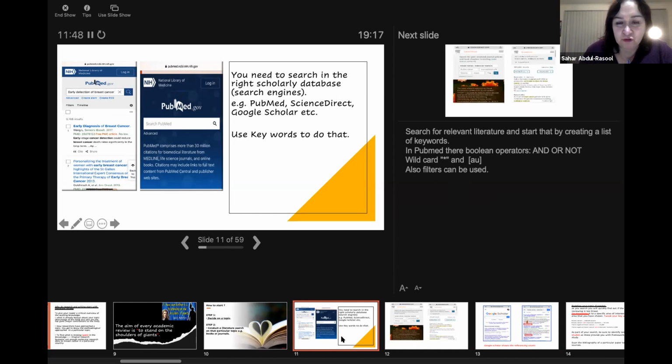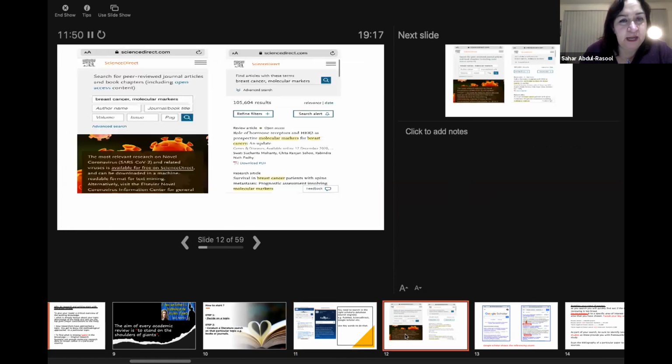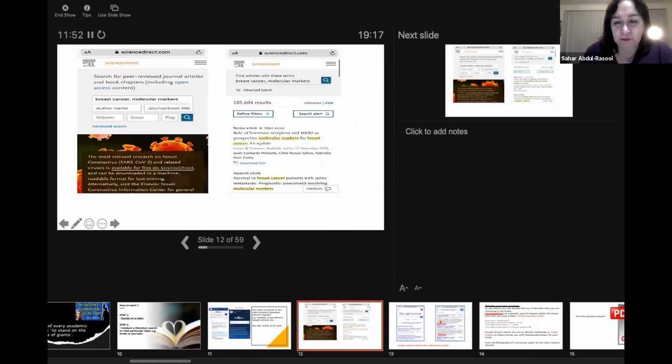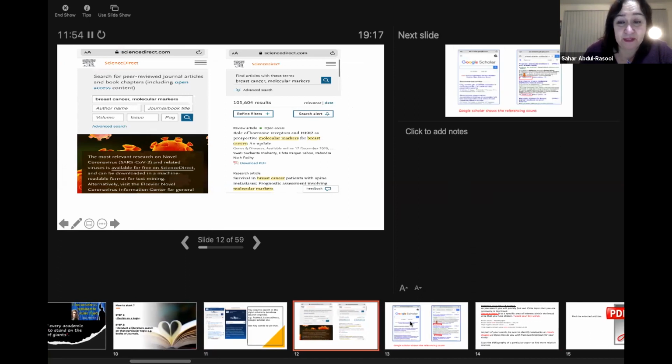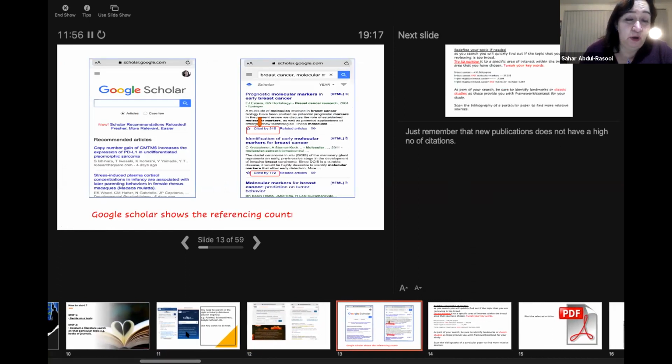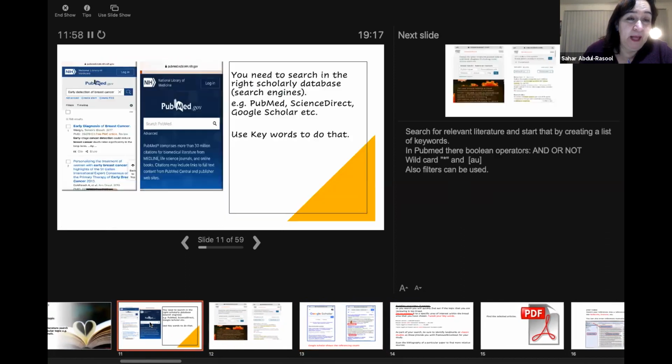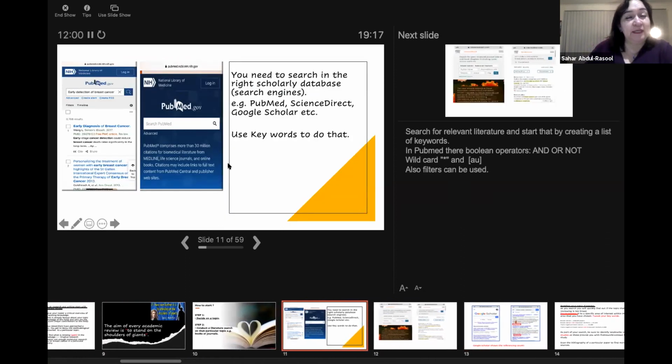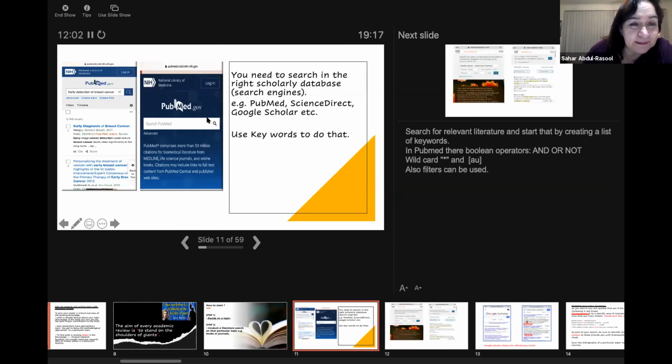There are other search engines that we can use, like the Science Direct. I'll go back to that previous slide, and the Google Scholar. How do we search for papers? You can see here there is a search rectangle, and then in that search engine, you type your keywords. So if I'm going to research breast cancer, I'm going to type breast cancer.